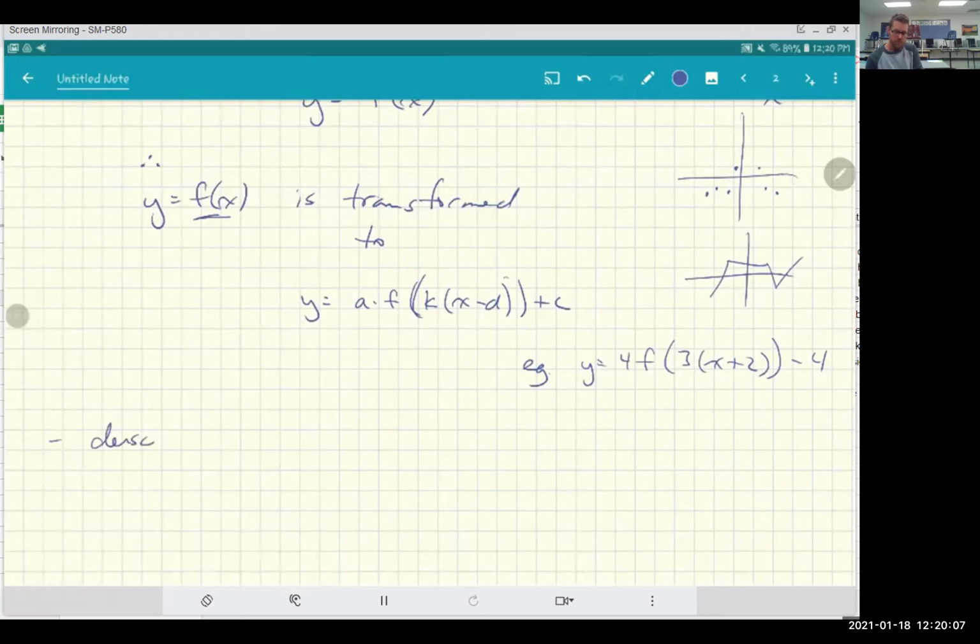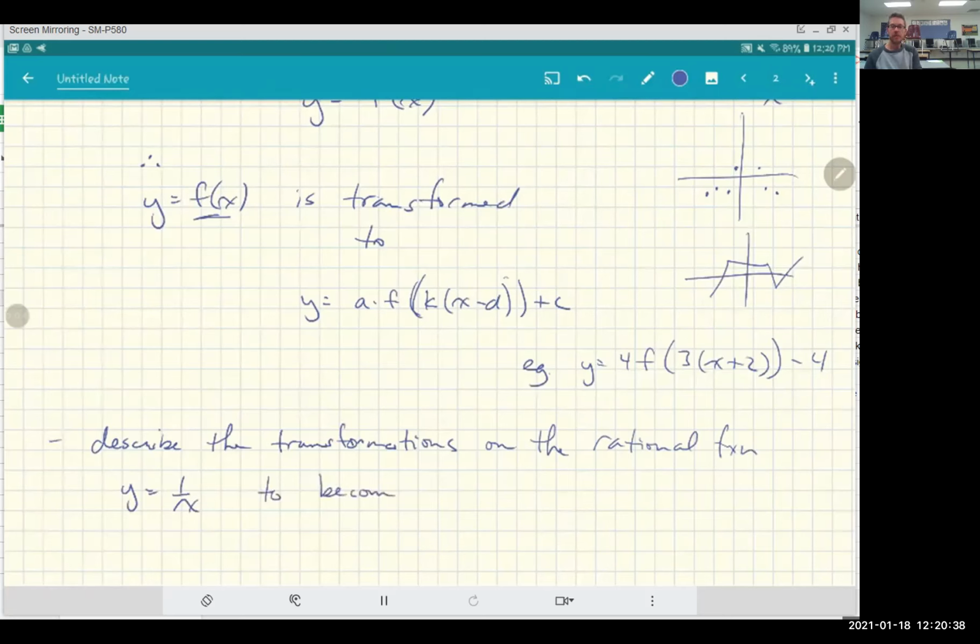Describe the transformations on the rational function, y equals 1 over x. If instead of y equals 1 over x, it becomes y equals -3 over a half x minus 1, that's all in the fraction, minus 2.